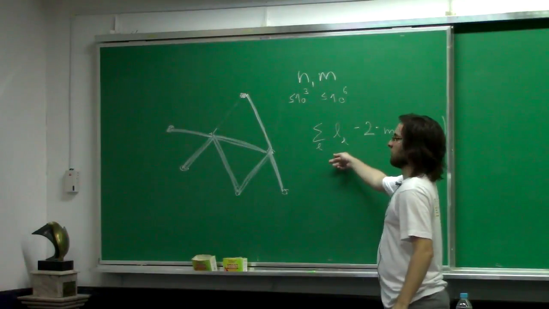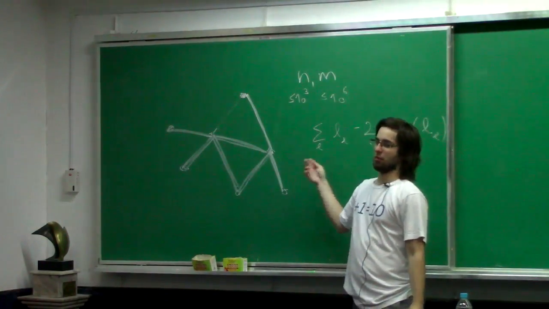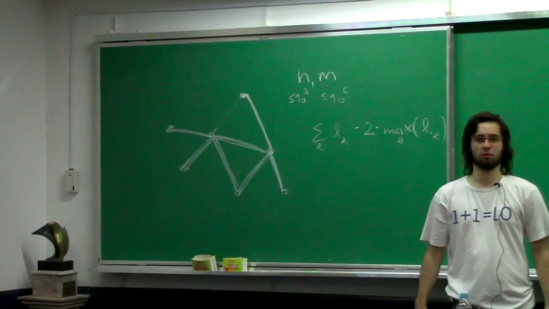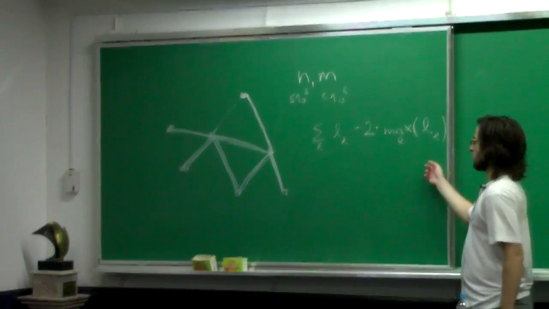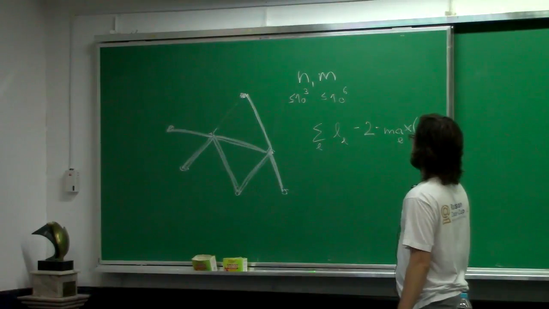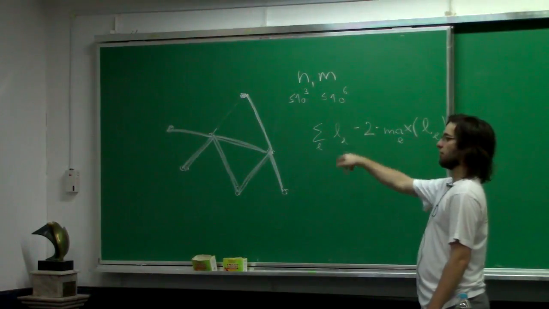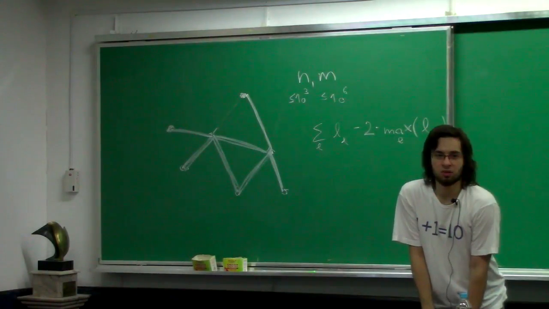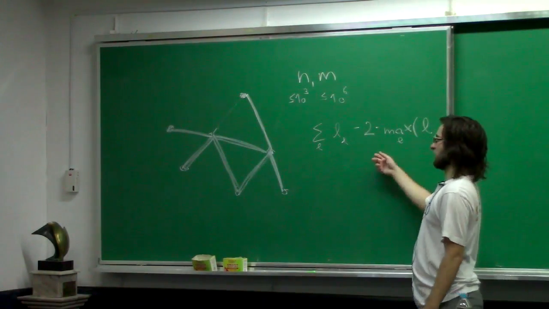So instead of writing a sum where it's except the longest one, I just subtracted the longest edge twice instead of once. So this is the cost of a subgraph with some edges. It can be easily proved that this has to be a spanning tree.